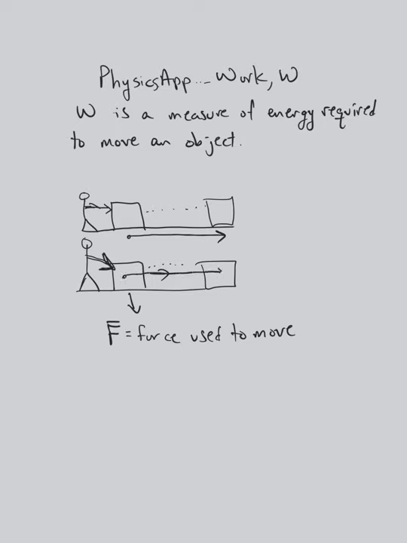It's a displacement vector, and we call that D, the displacement of the movement. And then there's just this nice formula that the work is equal to the dot product of that force vector with the displacement vector, like that.